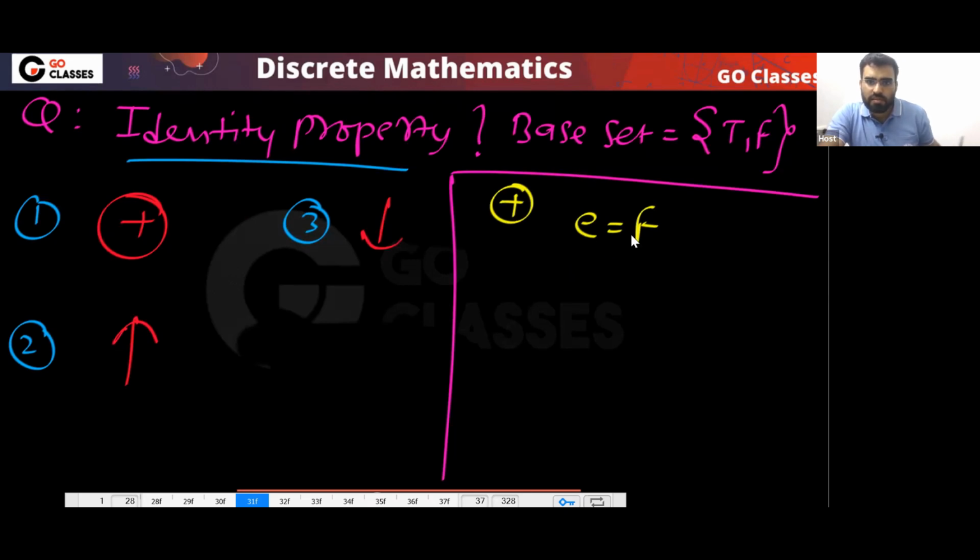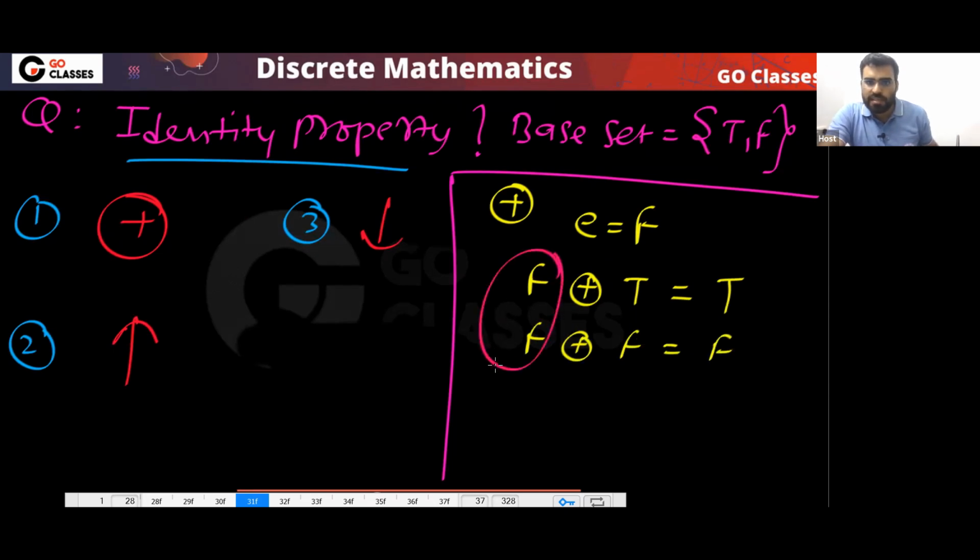This will work, right? Because false exclusive or true, that will be true, and false exclusive or false, that will be false. So this identity element will work, correct? So this has identity property because E equal to false will work.